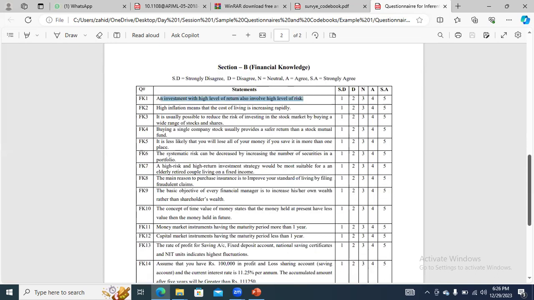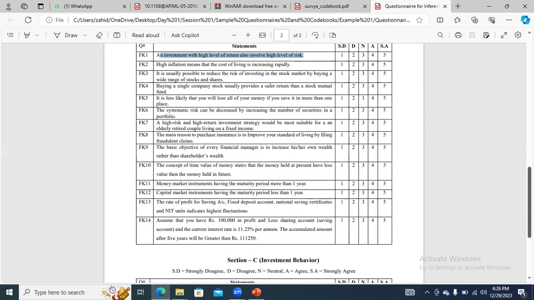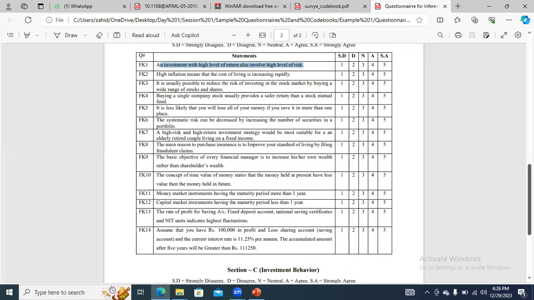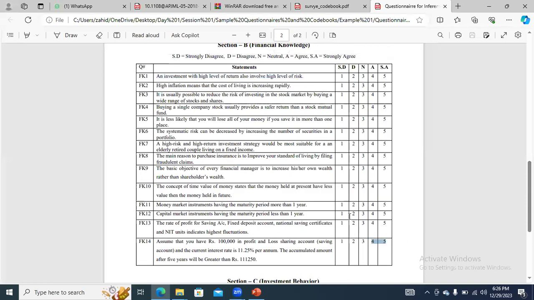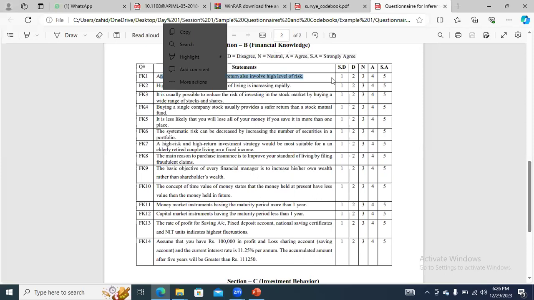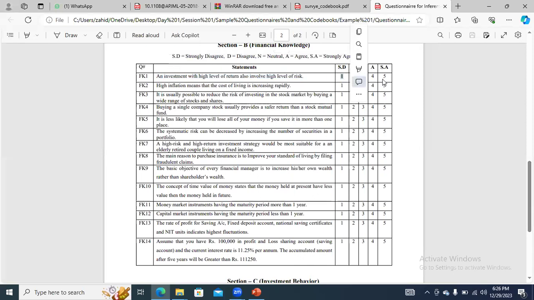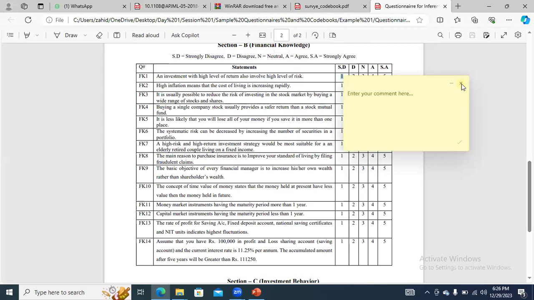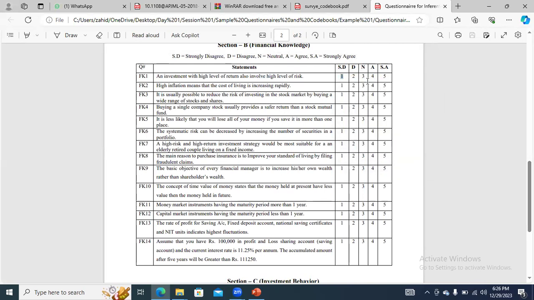From these statements, I let the software know the numerical values only. The software will not understand what the statement means; it will only understand these numerical digits. Whatever digit the respondent answers will be valuable for the software, that is SPSS 27.